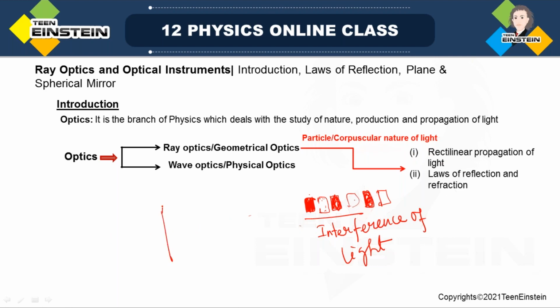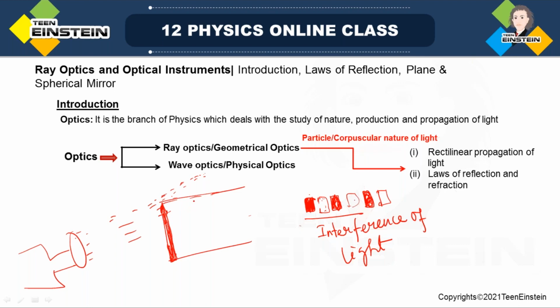Another phenomenon I can tell you. Suppose there is a sharp edge like this, which is opaque, not a transparent medium. If you have a torch and you light it from here, in principle you should see light only going this way, but in practice there will be some light in this region.